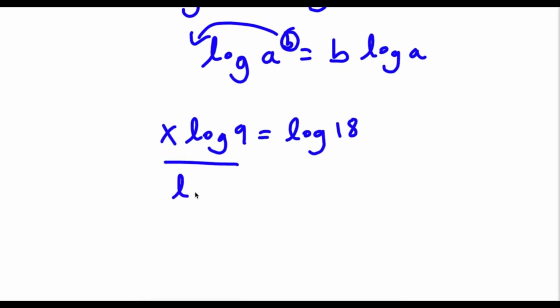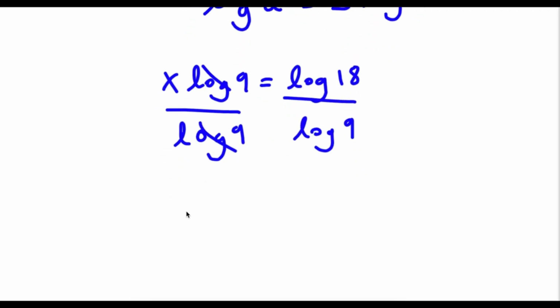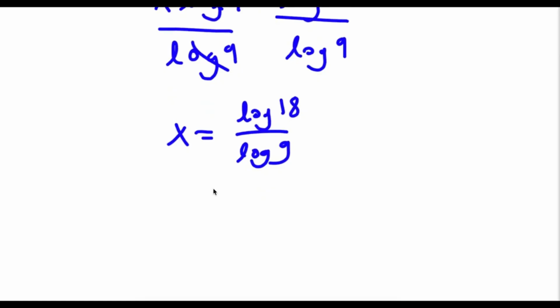And now, I'm going to divide both sides by log 9. So then these two cancel out, and I'm left with x equals log 18 over log 9. Now log 18, this is the same thing as log 2 times 3 times 3.